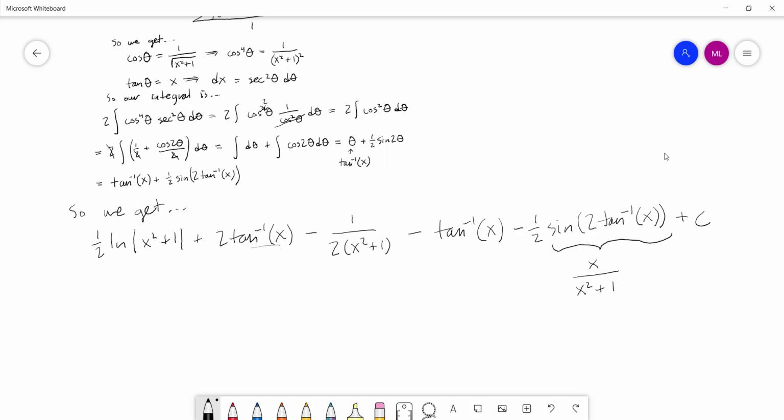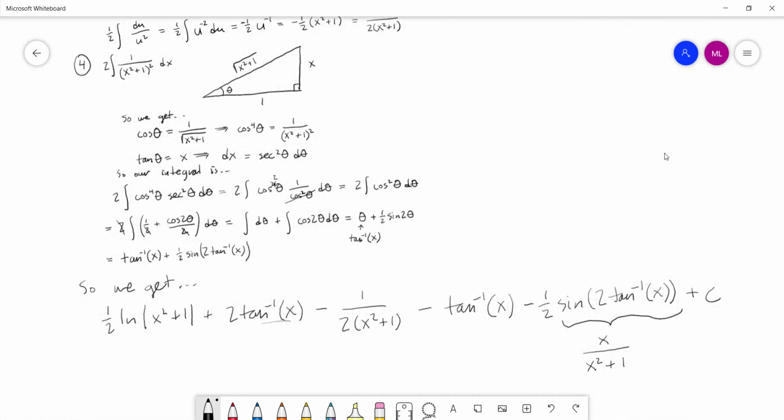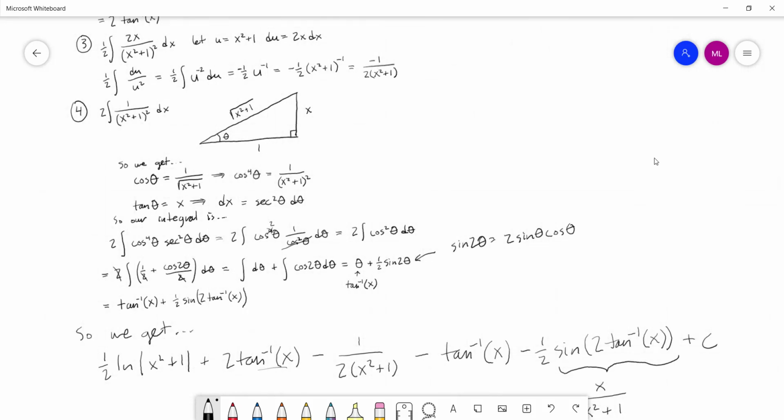Something in that ballpark, right? We can write the double angle formula right here. We could rewrite sine of 2 theta as 2 sine theta cosine of theta, and then come back up here.